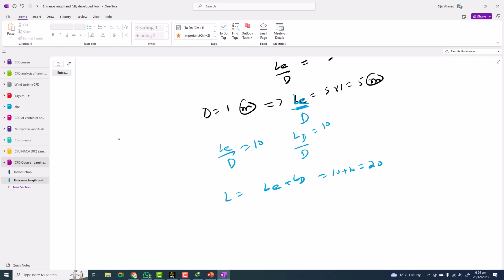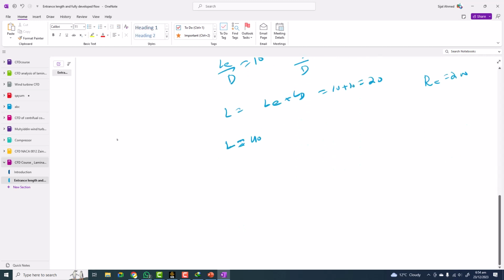Now this value is very accurate, but the question is that if you want to solve the flow for Reynolds number equal to 200, then all these lengths will be doubled because this directly depends on the Reynolds number. So I would suggest that we take the length as 40, so that we can solve different Reynolds numbers within this geometry also.